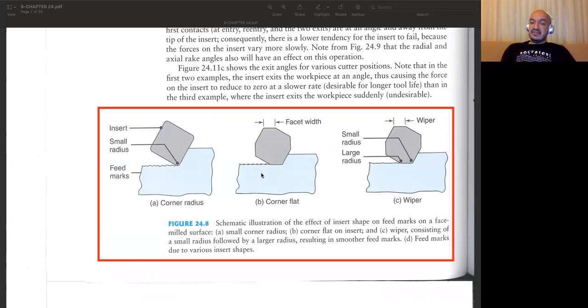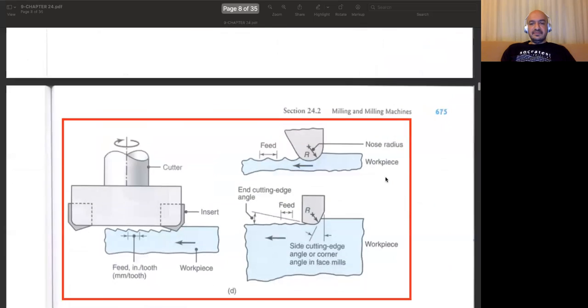So you need to find something in between. This is a common solution. We have a small radius here and a large radius at the other end. If you have it, then you're going to have much better surfaces. The surface roughness will be reduced.